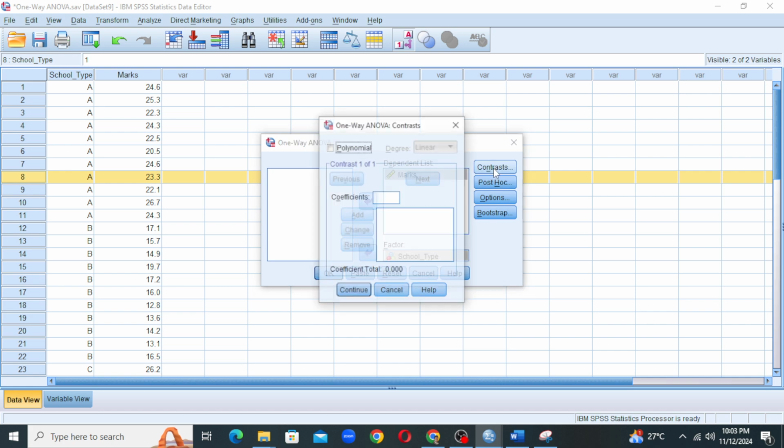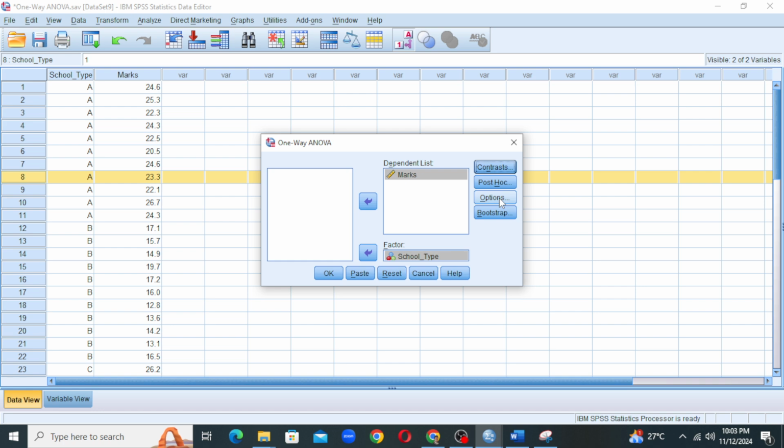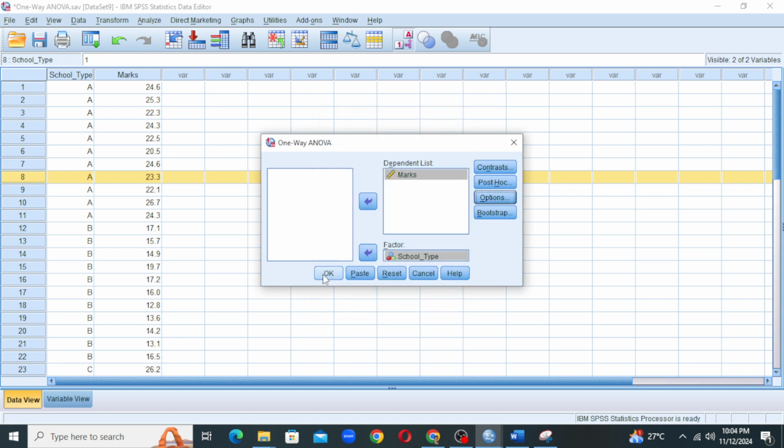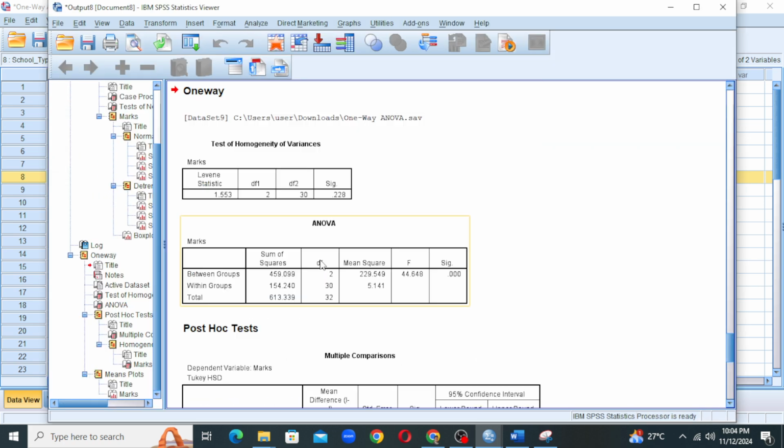Then select Contrast. Just leave it. And under Options, you can select homogeneity of variance test and means plot. Press continue and OK. You will be getting the output, and the first thing you have to refer to is homogeneity of variance, to satisfy that assumption.